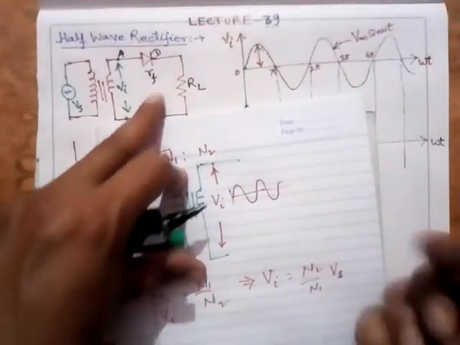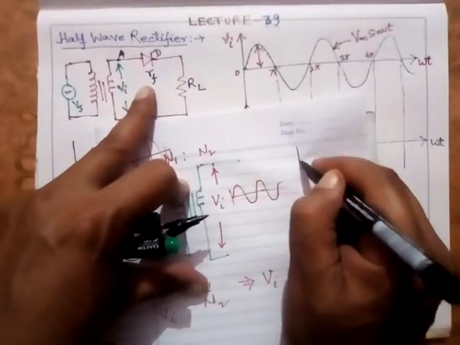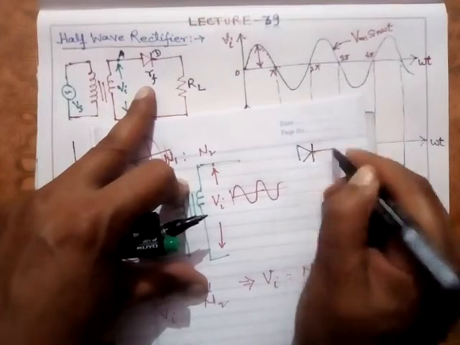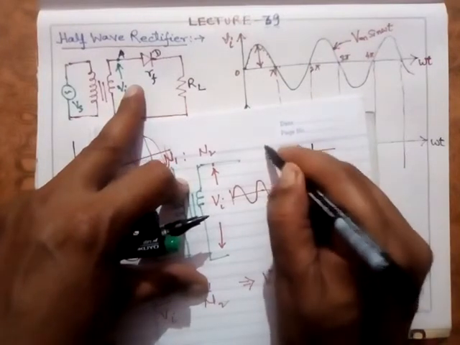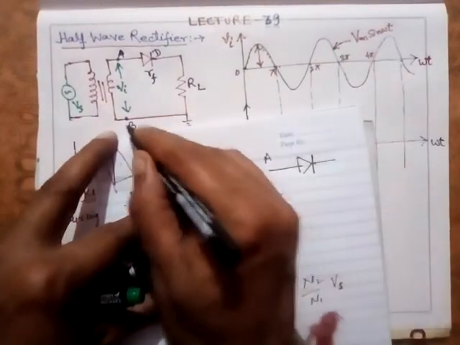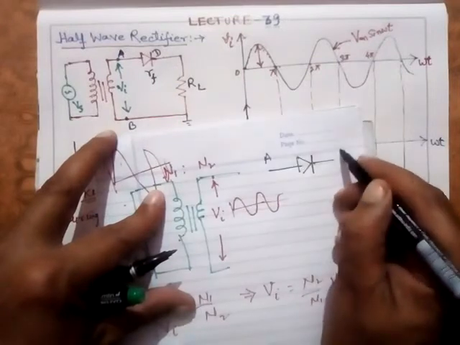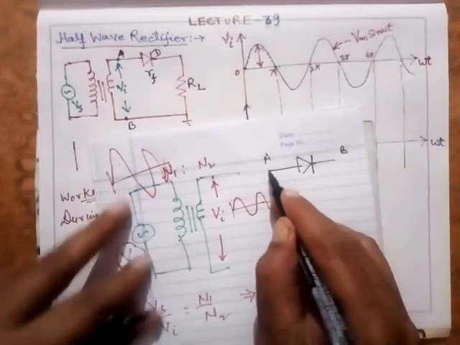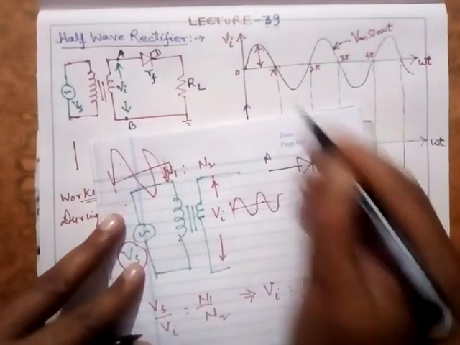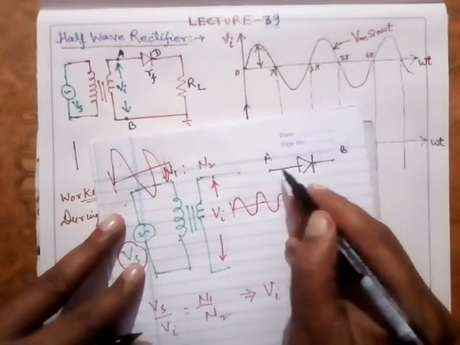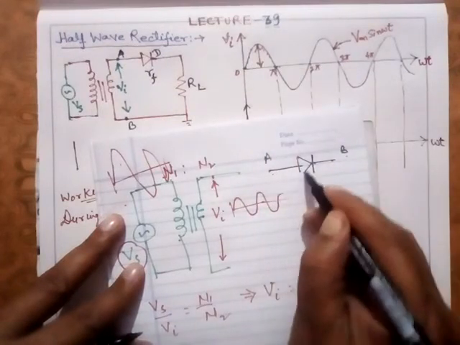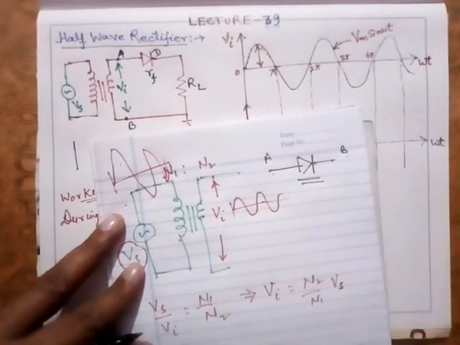This is your diode D, this is point A, and this point is connected to B. A is at higher potential as compared to B during the positive half cycle. It means that this diode is forward biased.